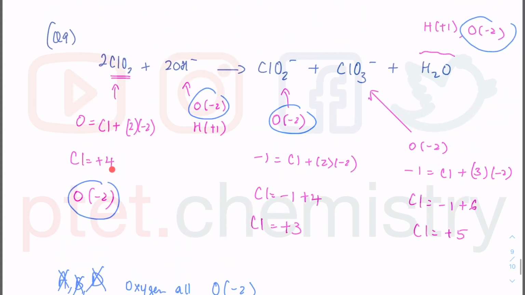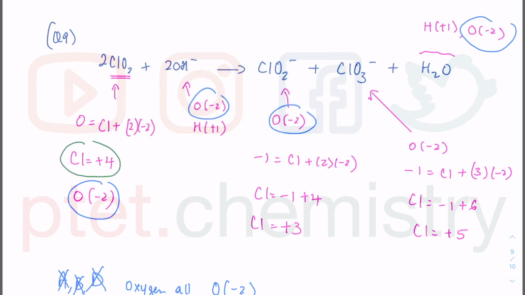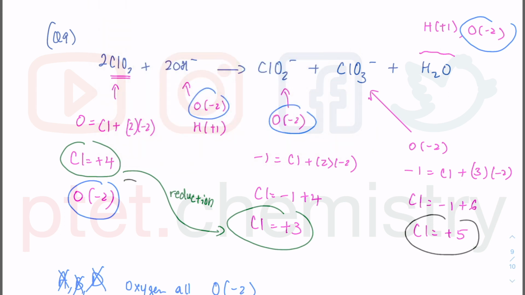The chlorine +4, if I just circle it, chlorine +4 going to chlorine +3, this is a decrease in oxidation number. This is called reduction. If I use another color, this is chlorine +5. So chlorine +4 going to chlorine +5 is an increase in oxidation number. This is what you call oxidation.